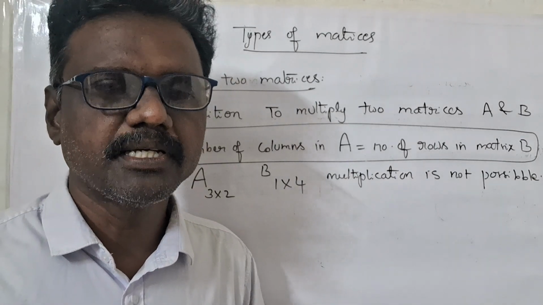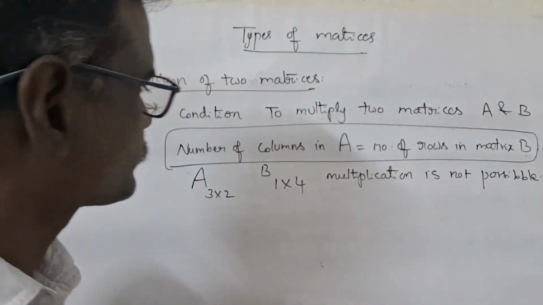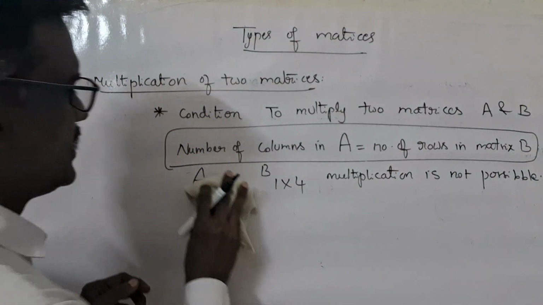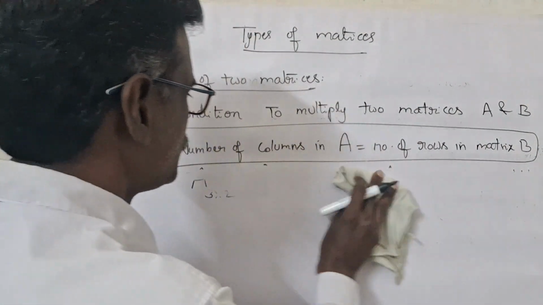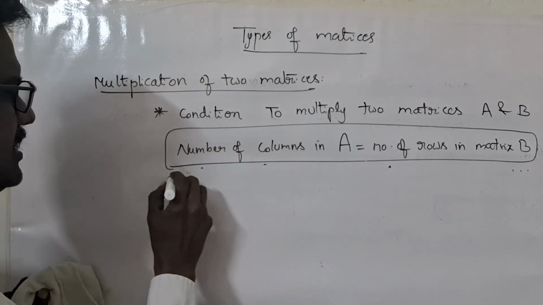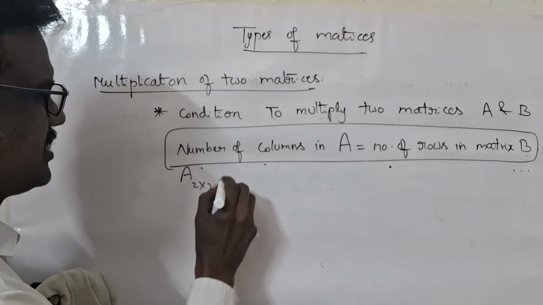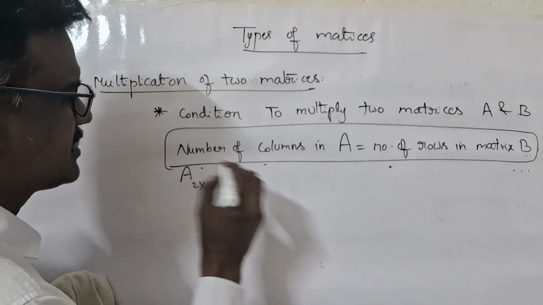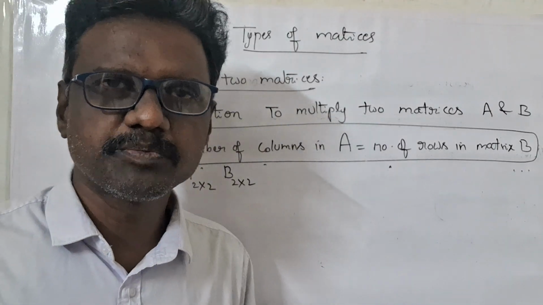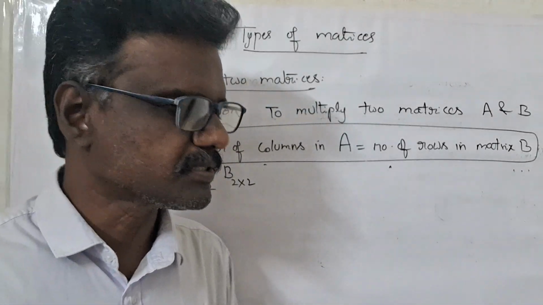How we multiply, I am telling now. Suppose A is a 2 by 2 matrix and B is also a 2 by 2 matrix. Then multiplication is possible, the AB product is possible.